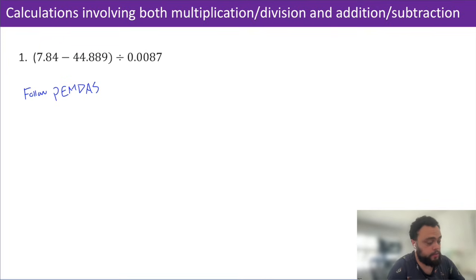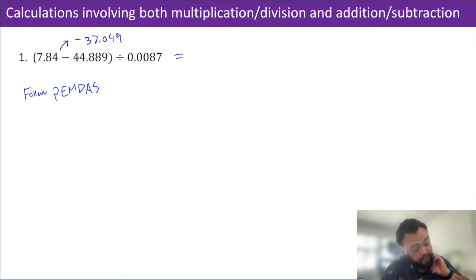So parentheses is first, which means we will take this value and convert it. This number is going to be negative, so we have negative 37.049.